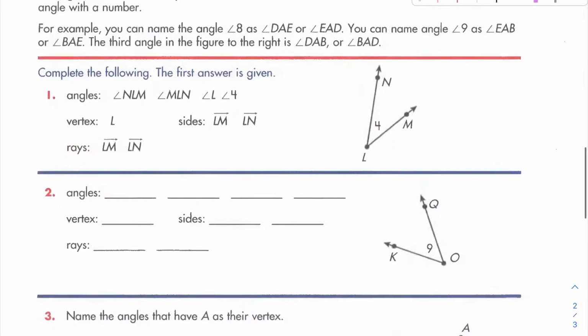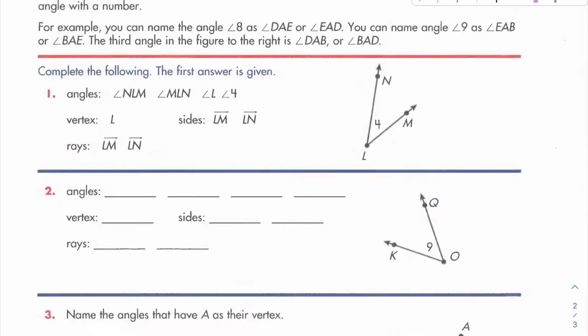Let's go ahead and look at our first set of examples on this page. It says to complete the following. The first answer is given. So at the right, you can see the angle, and they say you can name it angle NLM, that's the vertex, angle MLN, angle L, because there's just one angle here, or you can name it angle 4.